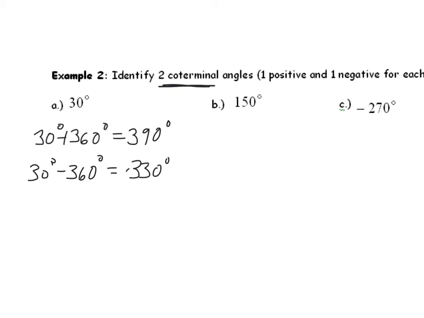So if you're a visual person, I can draw you a picture of this real quick. So here's what I did with some arithmetic. Here's me just drawing my XY axis, right? 30 degrees, that was one we did in red. So a few minutes ago, 30 degrees is right there. Again, I won't be measuring it with a protractor or anything, but what we were trying to find here are angles that land on top of that 30-degree angle.